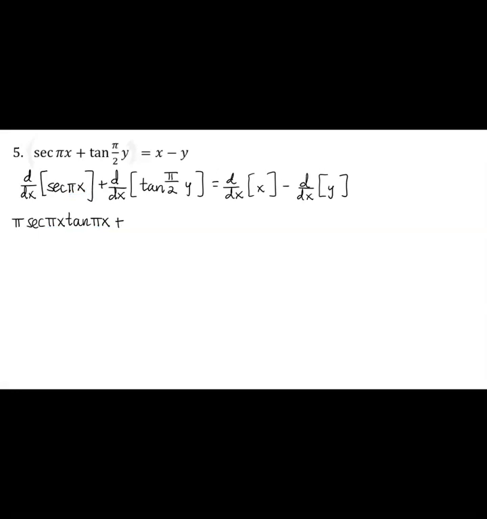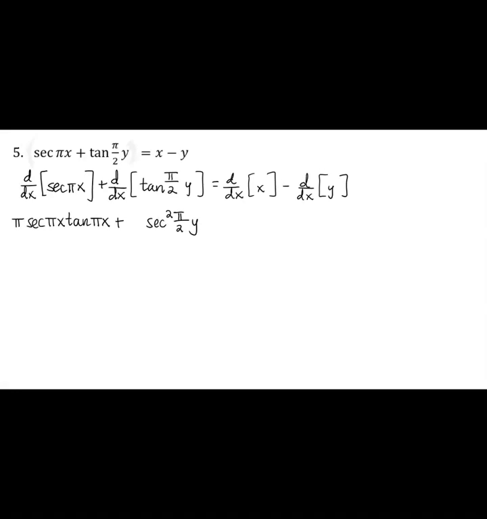The derivative of tangent is secant squared. So we will pick up a plus secant squared from this second term. And remember, chain rule says the inside should stay the same. So we still have a pi over 2 y on the inside. But notice that I did leave a space here because chain rule says I'm going to have to come over here and multiply by whatever the derivative of that is.